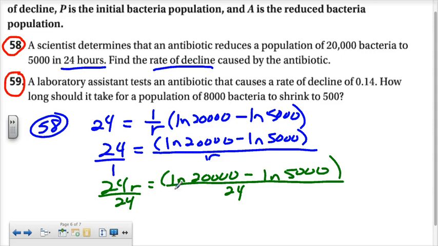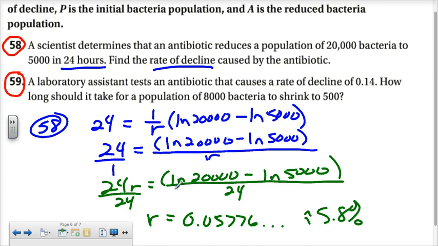So natural log of 20,000, and then we need to subtract the natural log of 5,000. Don't forget your parentheses after you punch those pieces in. And we divide it by 24. And r comes out to 0.05776, etc. So approximately 5.8%.